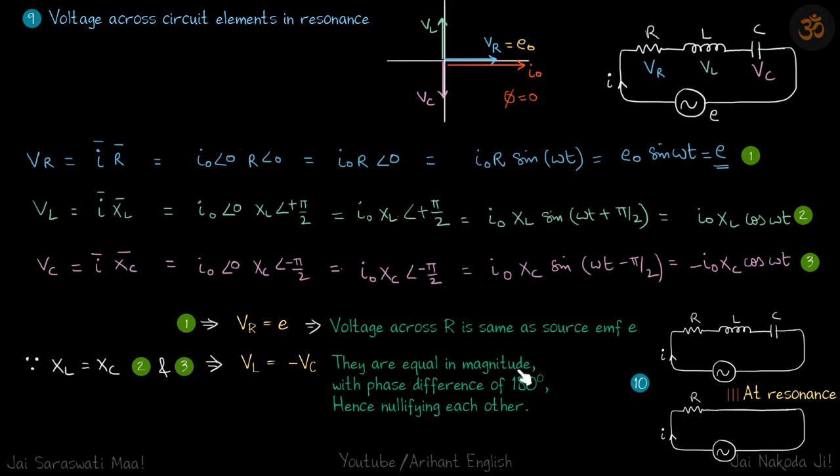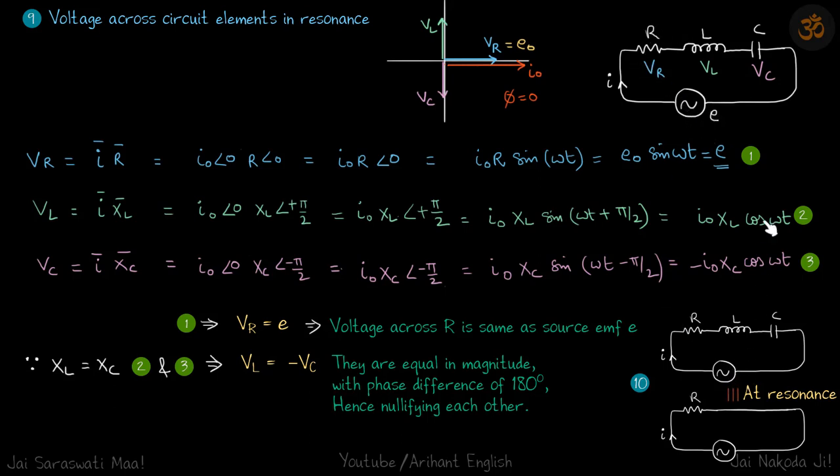They are equal in magnitude with a phase difference of 180 degrees. This is ahead by pi by 2, this is behind by pi by 2, and their magnitudes are the same because XL is equal to XC. Hence they nullify each other. So across the resistor it is E, across this whole thing combined it is 0. So it has to be 0. That's why across this it will be E.